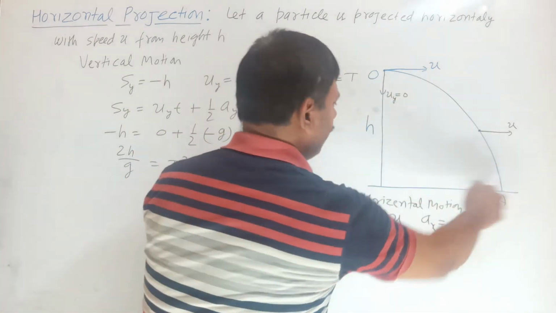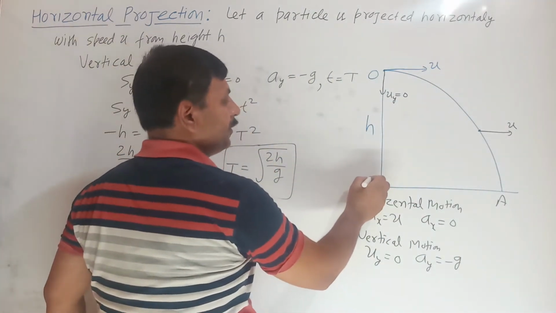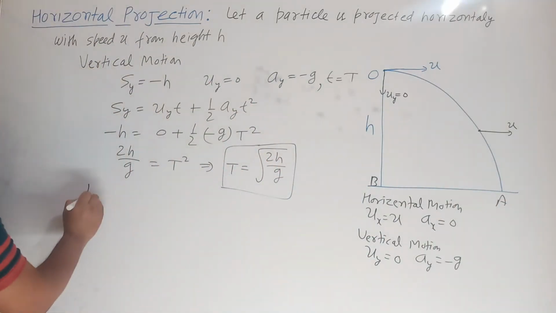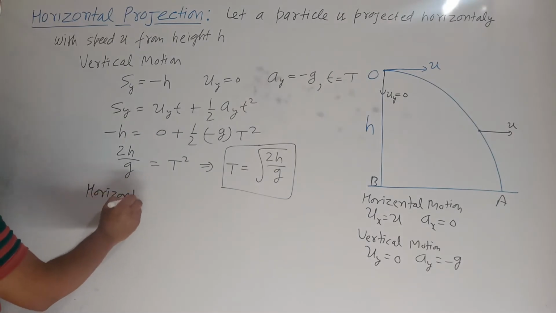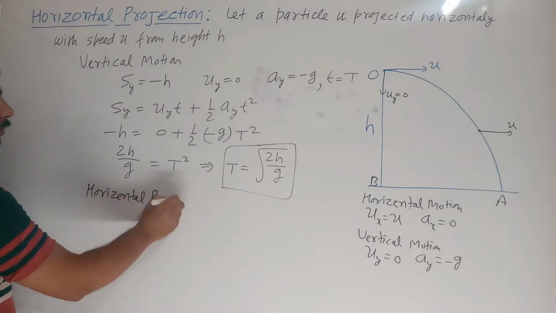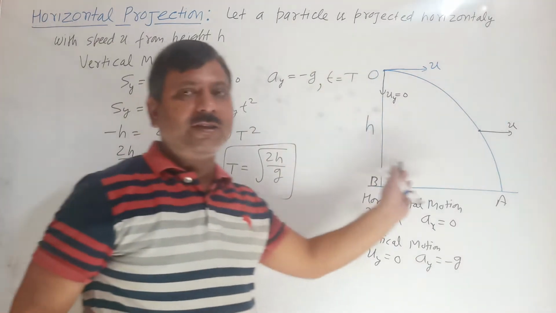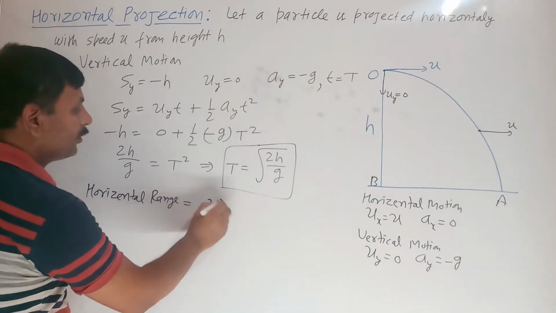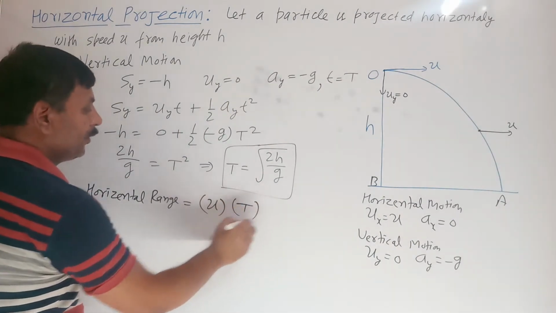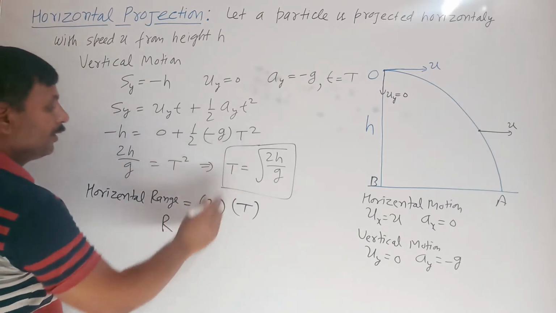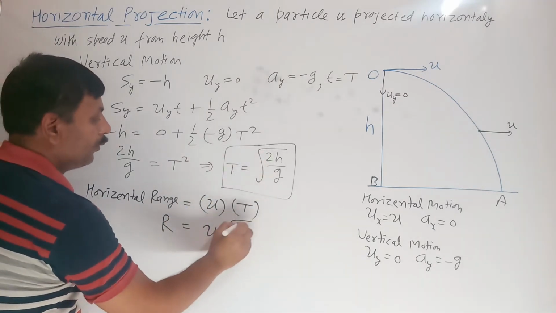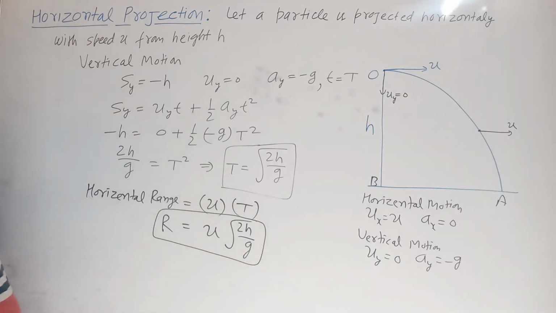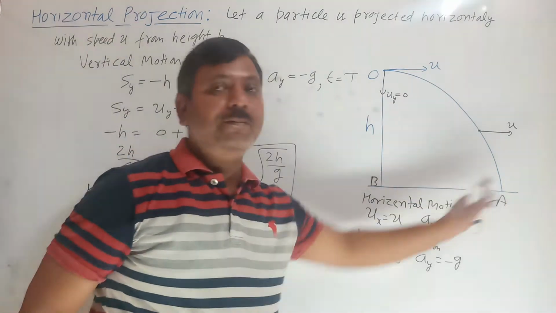The horizontal range, where it will fall, the distance from B to A. The horizontal range means horizontal velocity into time of flight. Here the horizontal velocity is u, so the range is u into under root 2h upon g. Very simple. This will be the range, the distance from B to A.